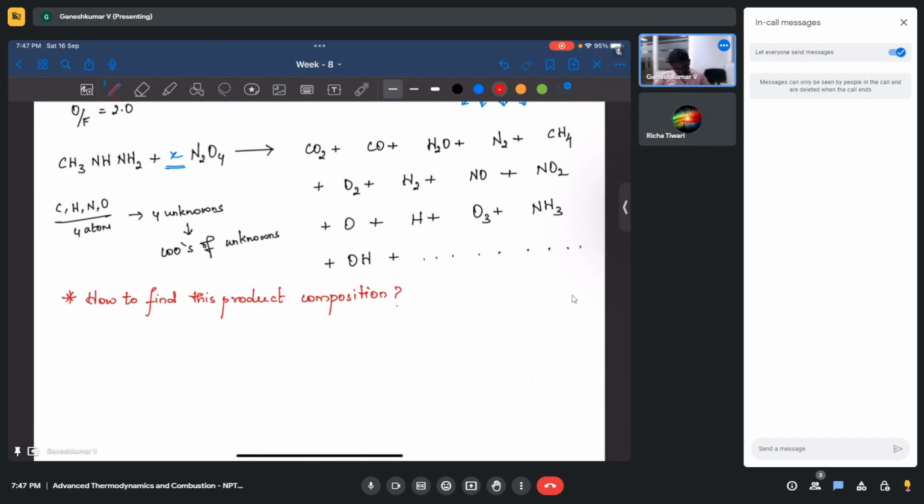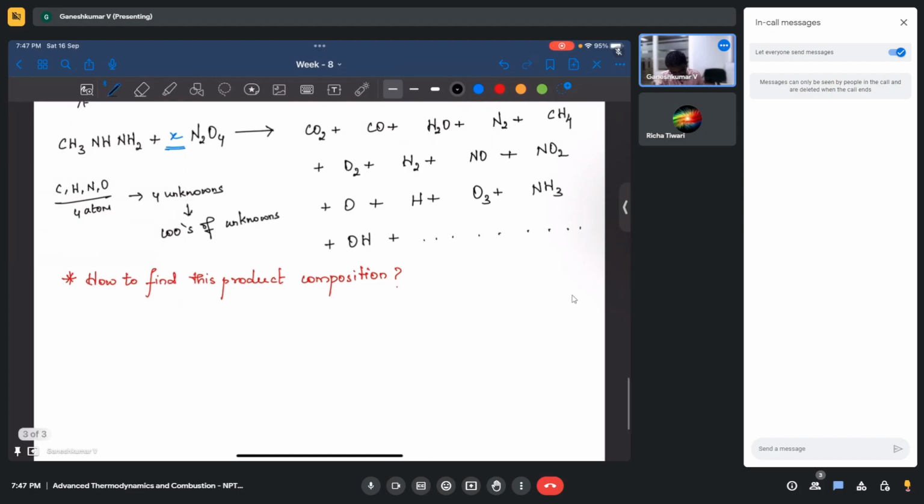Basically, any studies related to transport phenomena are guided by only three principles: mass conservation, momentum conservation, and energy conservation.